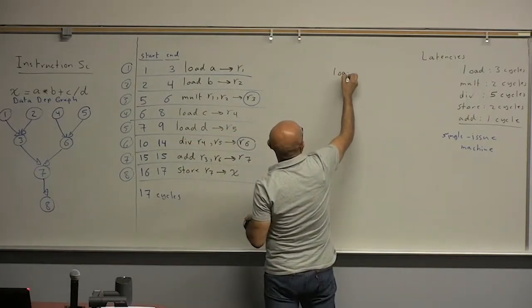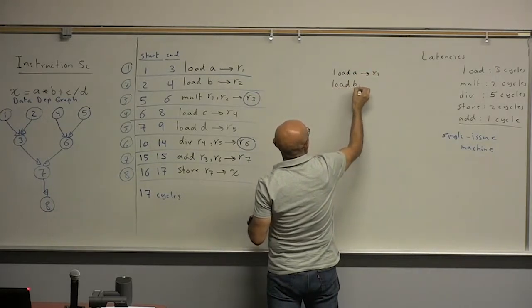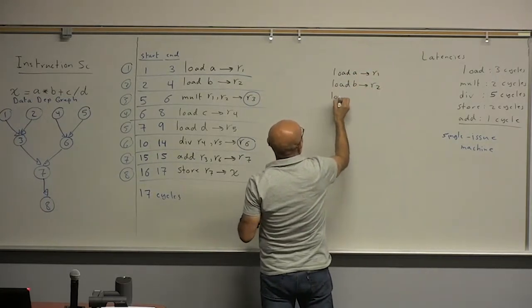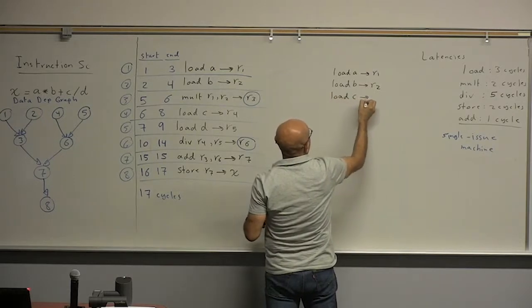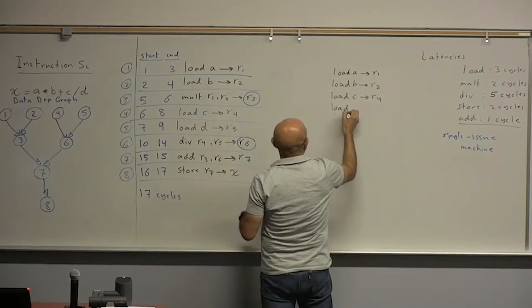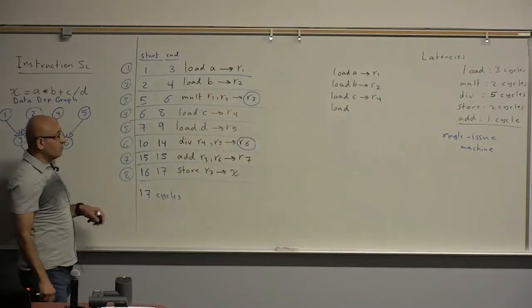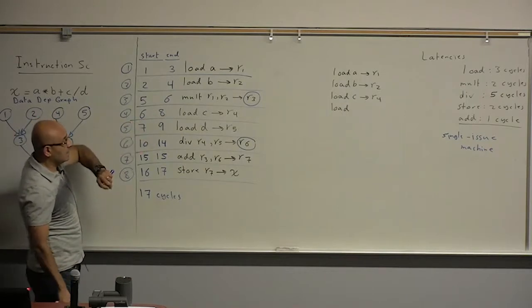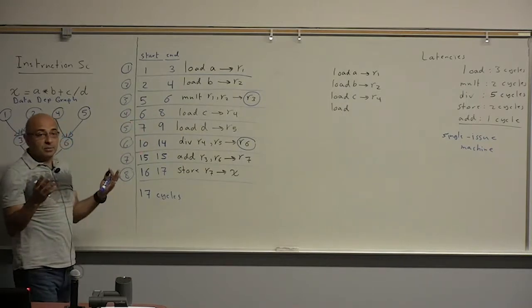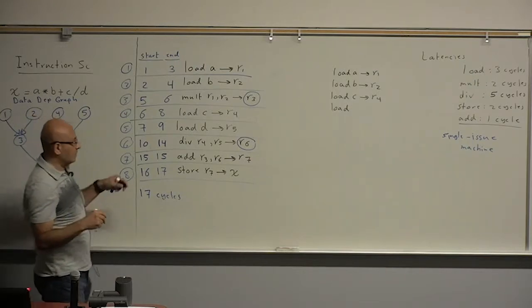Load A into R1, load B into R2, load C into R4. So we are just looking at these instructions and reordering them. We are reordering these instructions in an attempt to minimize the number of cycles needed to execute this sequence of code.